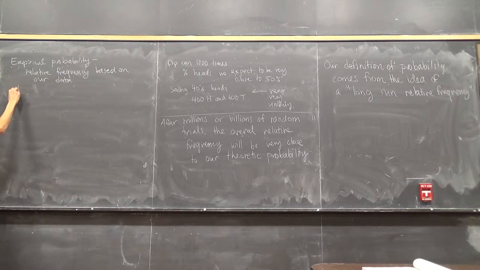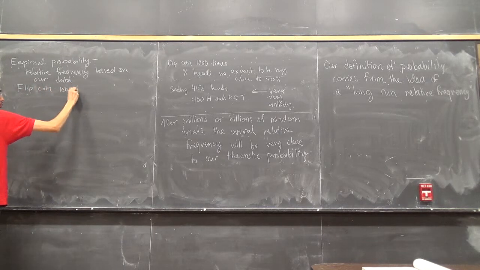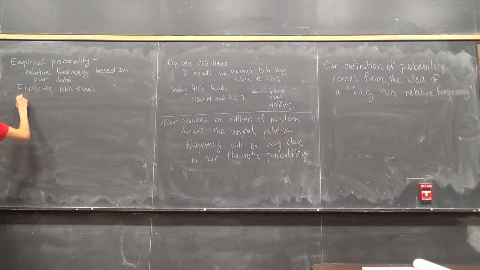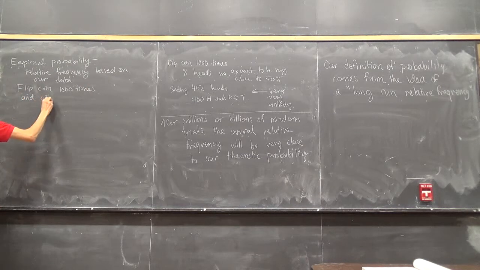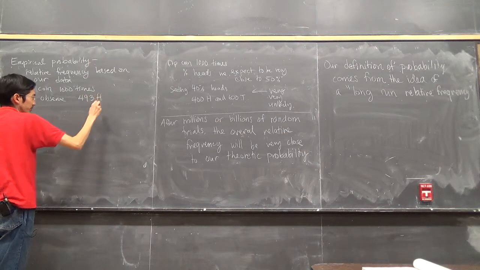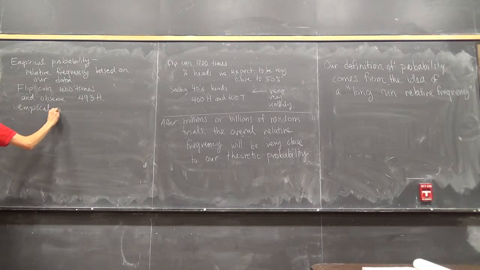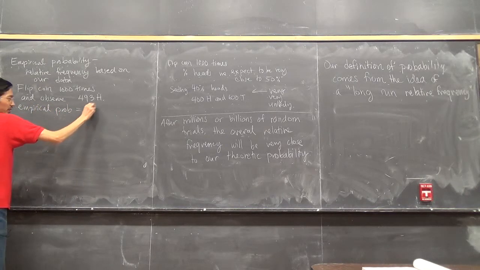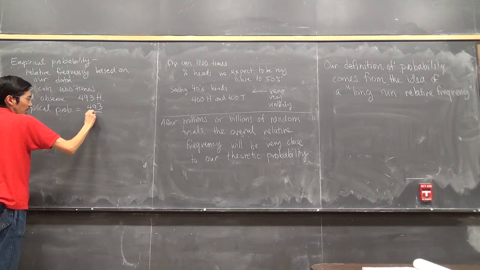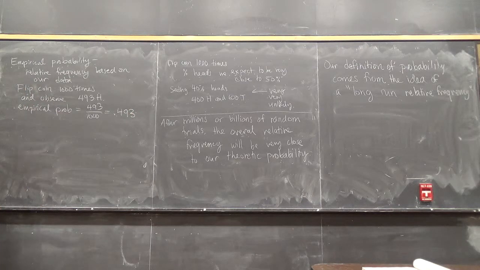So if we flip the coin 1,000 times and observe 493 heads, then our empirical probability would be 493 out of 1,000, or 0.493.